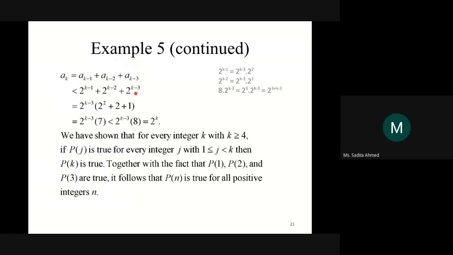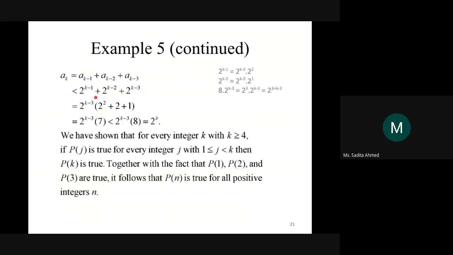Does that make sense, guys? So in that case, we can say that a_k is less than this summation. If a_k is equal to this, and this term is less than this, then a_k is less than this summation. Yes?